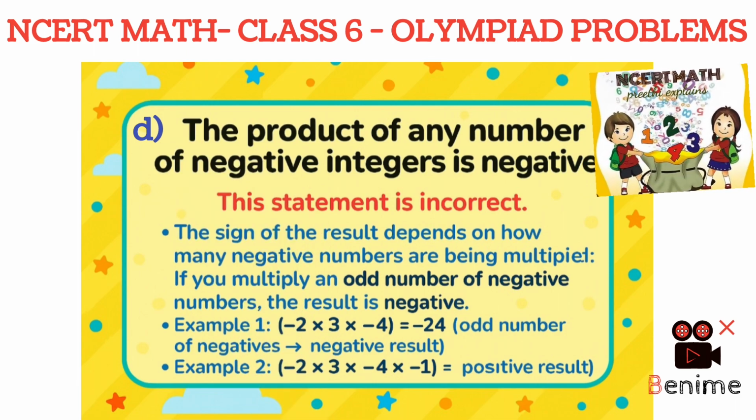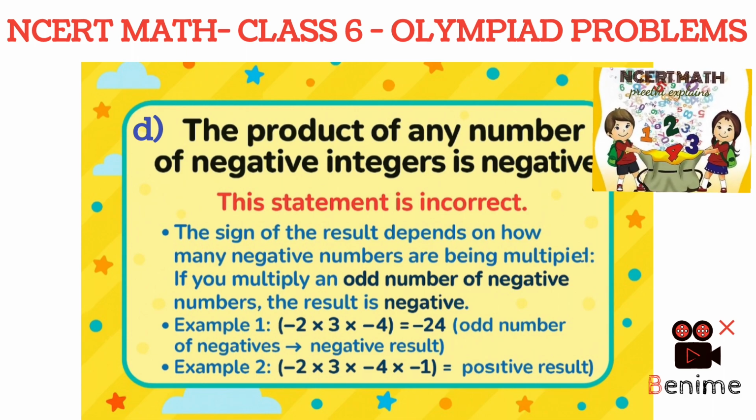If we multiply three negative integers, the result will be negative, because minus into minus is plus, and again plus into minus becomes minus. That means a negative result will be produced. So the sign depends on the count. If you multiply an odd number of negative numbers, the result is negative.